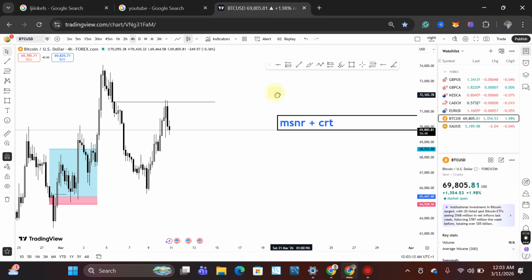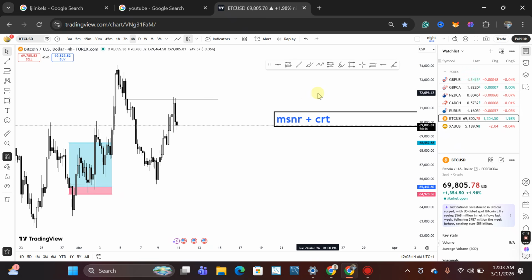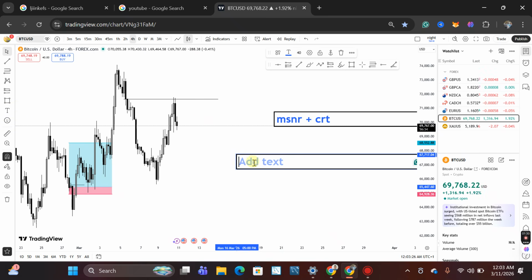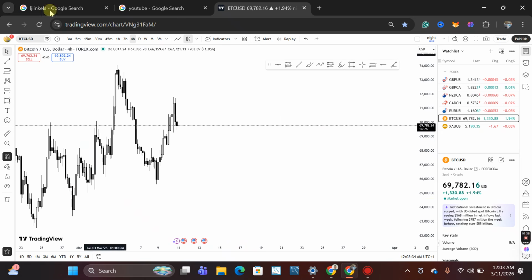In this case, I'm just going to coin my own key, this key zone CRT, KCRT. I'll form my own strategy, simple and short.